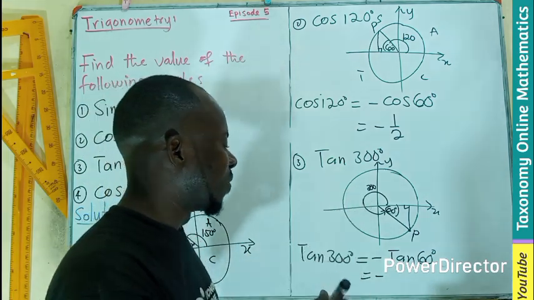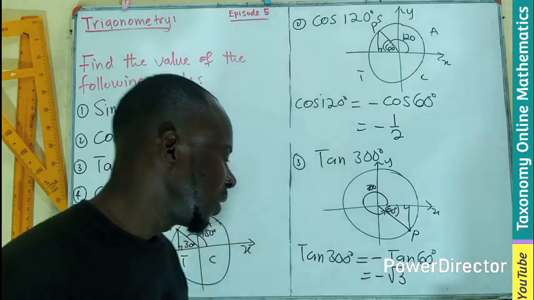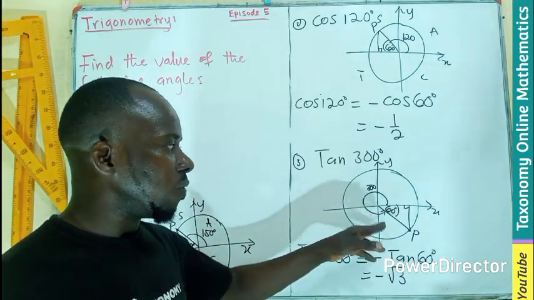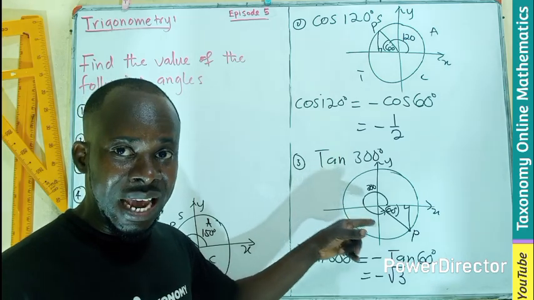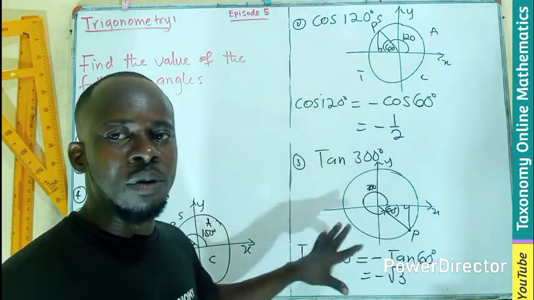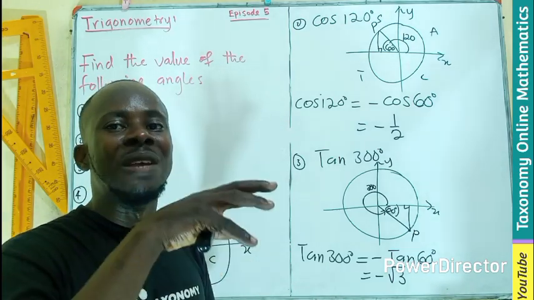So that will be a negative root 3. Now remember that the negatives are there because of the position in the quadrant. Some will be negative, some will be positive, depending on the quadrant they find themselves.